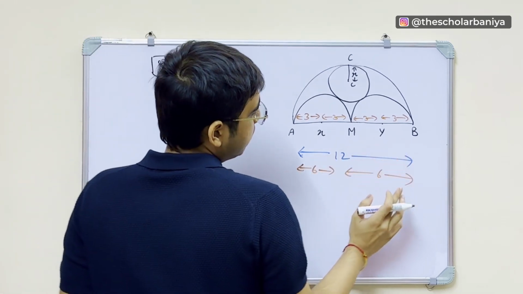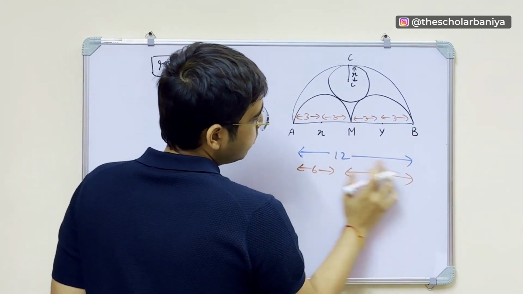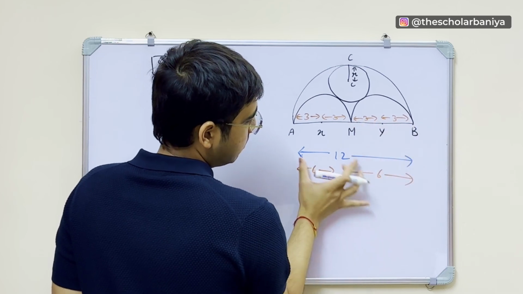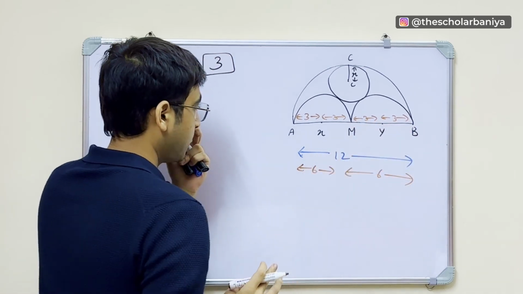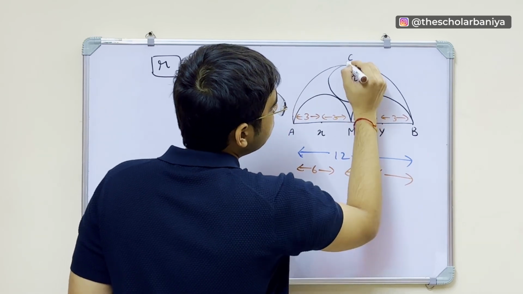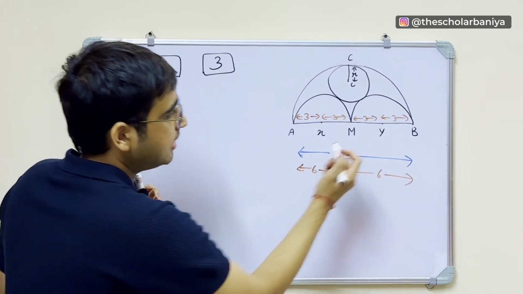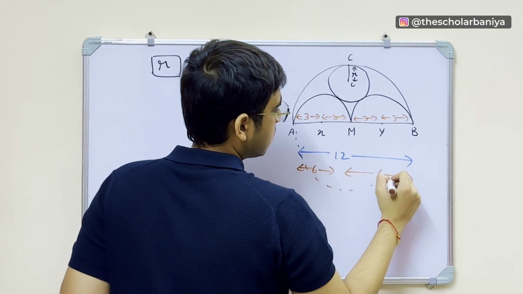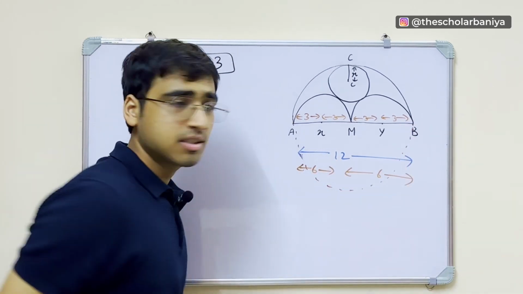If you see over here, this semicircle's diameter is 12, so its radius is how much? 6. Half of 12 is 6, right? That means from this point to this point is the radius. Basically, if you complete it, this becomes a circle, right?